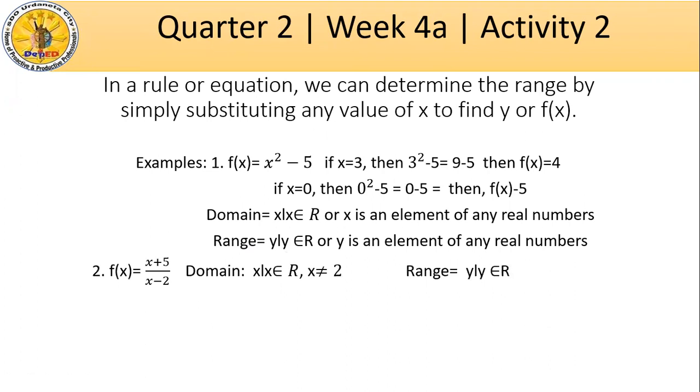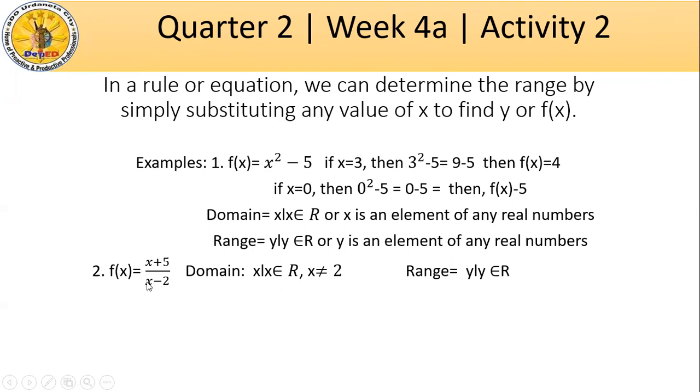For the second example, f of x is equal to x plus 5 divided by x minus 2. This is written as a rational expression. Our domain here could be any set of real numbers except 2. Why except 2?